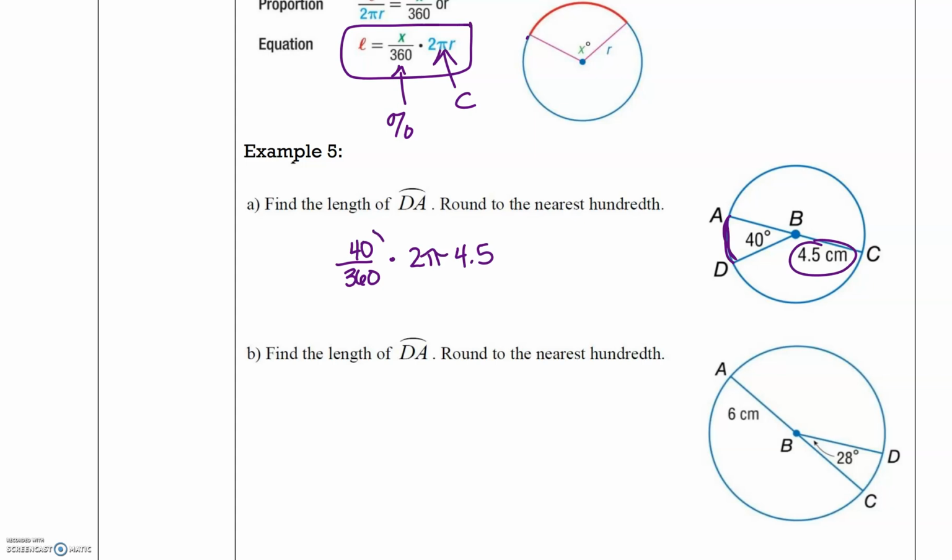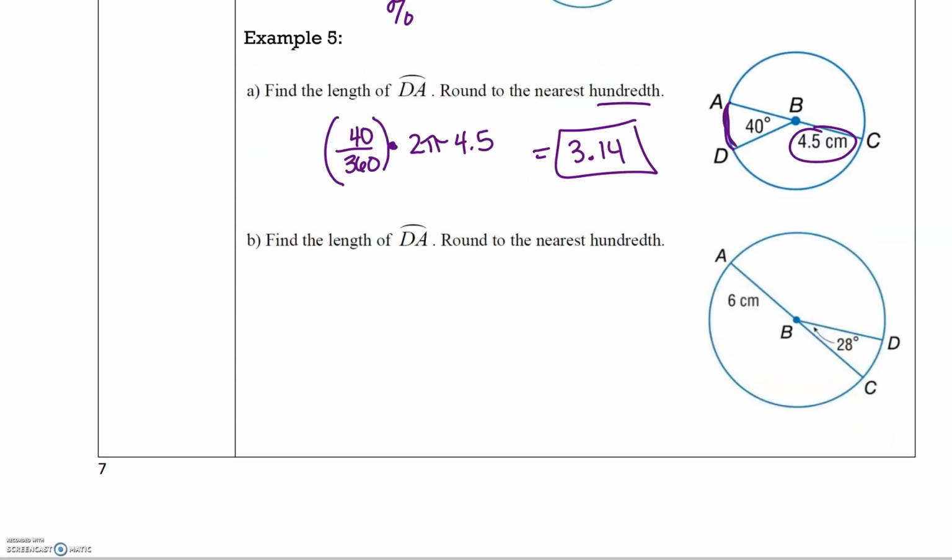Just make sure that you either have parentheses around this or you do this 40 divided by 360 in a separate calculation first, and then times it by all of these. So times 2 times pi times 4.5. And then we get 3.14. And nearest hundredth is 2 decimal places.